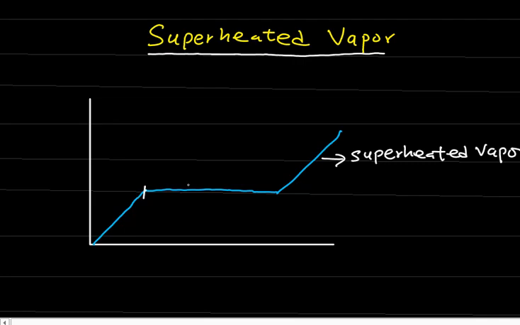Remember, we have actually dealt with the different phases in change of state of a liquid. You know very well that this particular phase, let's say this is point 1, this is 2, this is 3, this is 4, and of course this is 5.